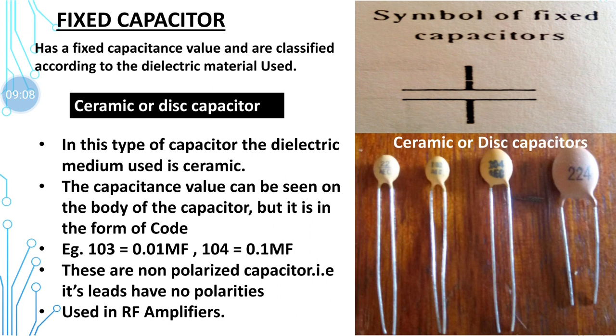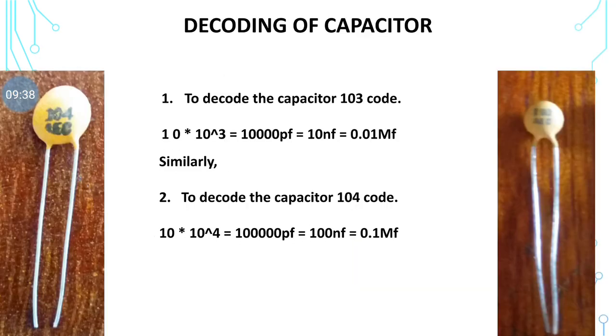For example, a 103 coded capacitor has a capacitance of 0.01 microfarad, and a 104 coded capacitor has a capacitance of 0.1 microfarad. It has no polarity, so it is a non-polarized capacitor, and they are used in RF amplifiers.